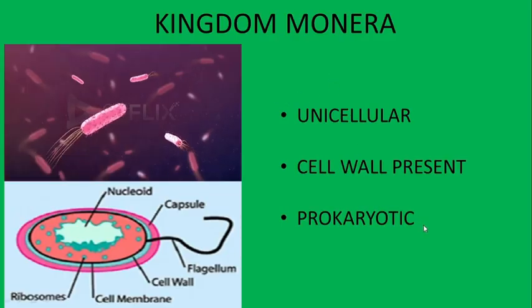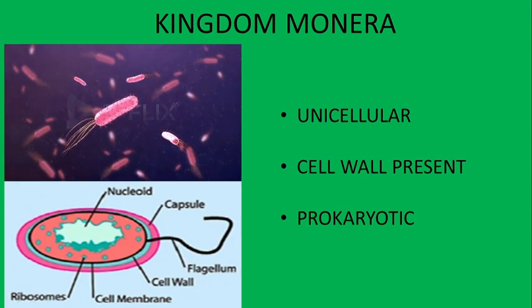Kingdom Monera, as we have seen just now, includes bacteria. There are a number of bacteria present around us. They are invisible, but they all have similar characteristics: they are unicellular, they have a cell wall as an outer layer, and they are prokaryotic. That means the nucleus is not very well defined.